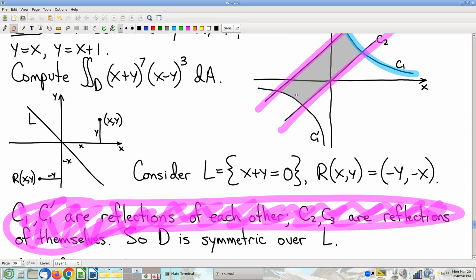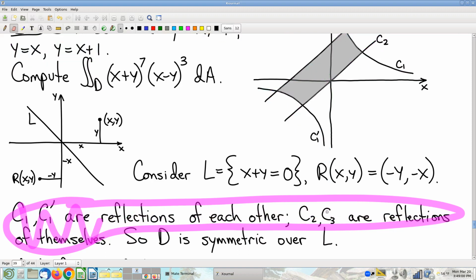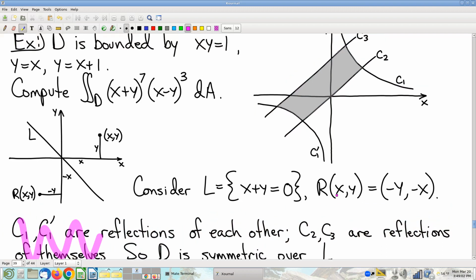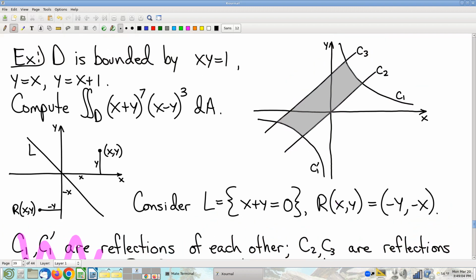So let's see here. Next, we need to find the formula for the reflection. How are we going to reflect here? Again, reflecting over this 45-degree line like that. There's the line we're going to reflect over.